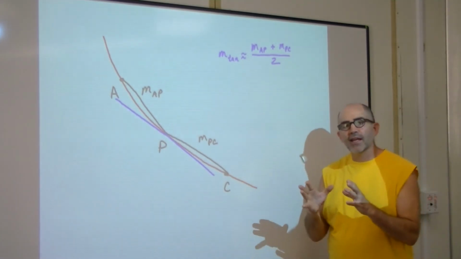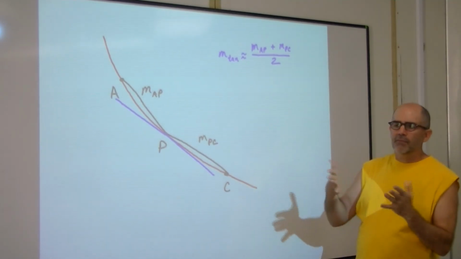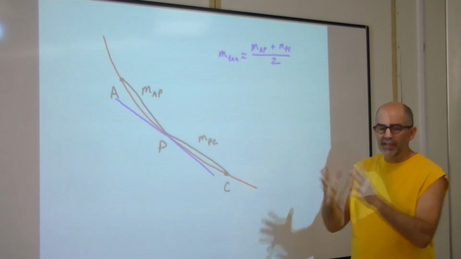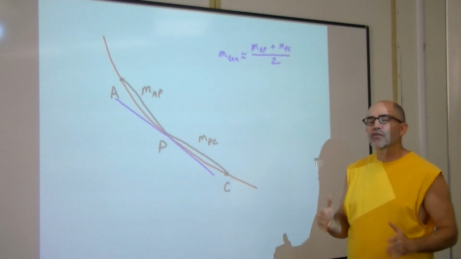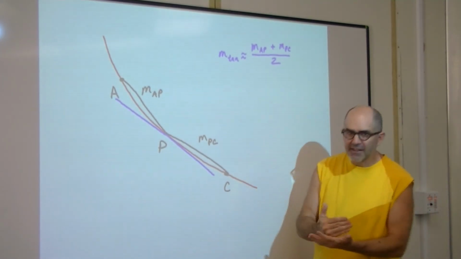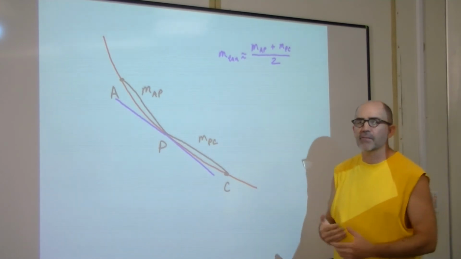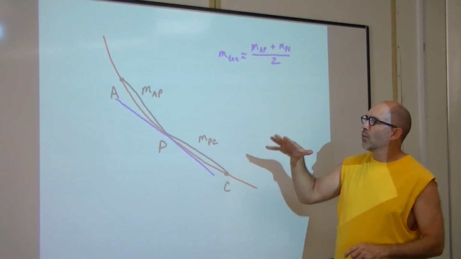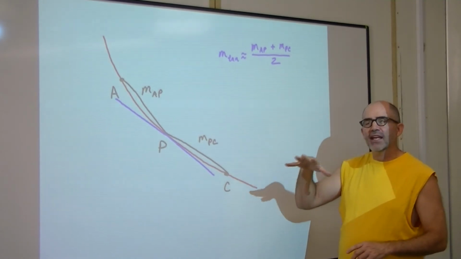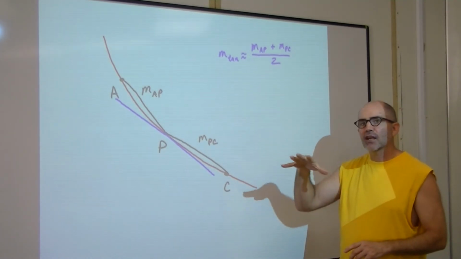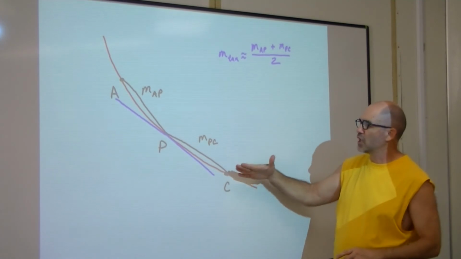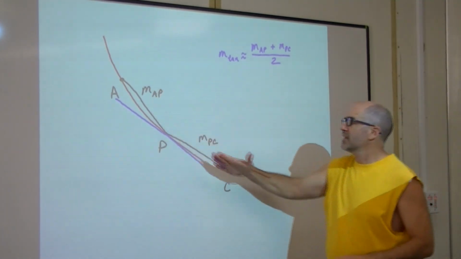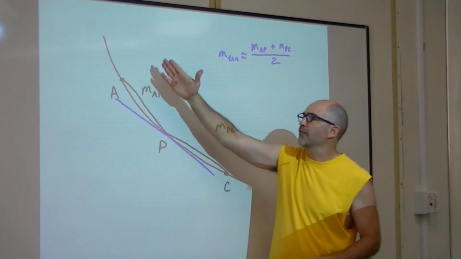You get on the freeway at 30 miles an hour and you speed up to 65 miles an hour. So your velocity doesn't instantaneously get to 65 miles an hour. So what we're dealing with now is a changing velocity or a changing slope. So you notice this red curve.